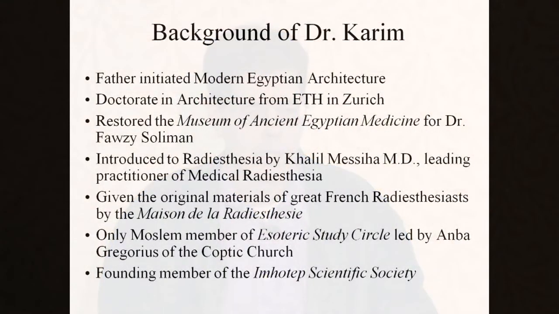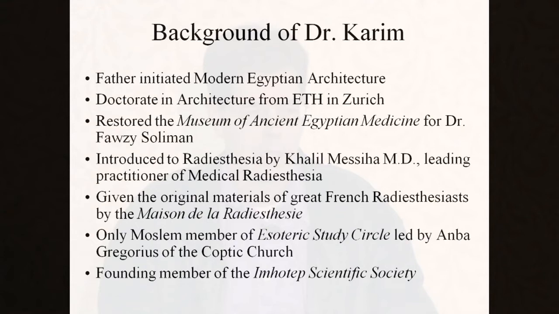And so one sign of this is that in Egypt is one of the oldest, if not the oldest, in the world of Christian communities, which is the Coptic Christian Church of Egypt. And Dr. Karim was actually invited to be a member of their esoteric study circle. And he was the only Muslim ever invited to join them in this Coptic Christian study circle for their deepest esoteric mysteries.